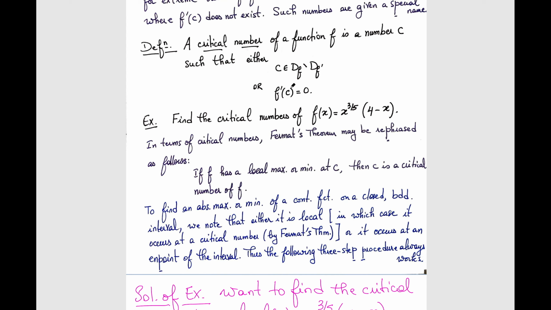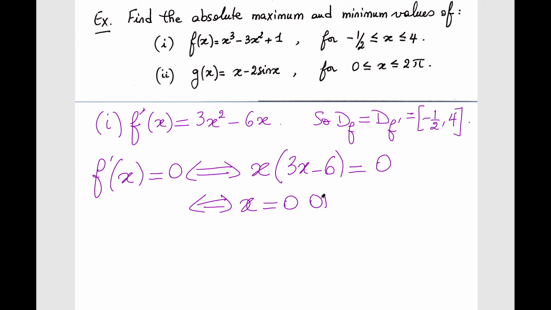So the critical numbers in this case are going to be only numbers that allow f prime to be 0. Well, f prime is 0 if and only if 3x squared minus 6x is 0, which means x times (3x minus 6) is 0. You can factor out x, which means x is either 0 or 3x is equal to 6, which means x is 6 over 3, which means 2. Correct?